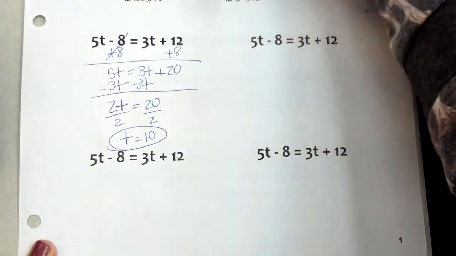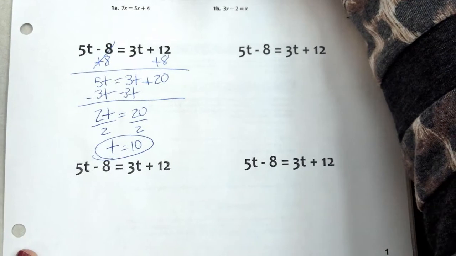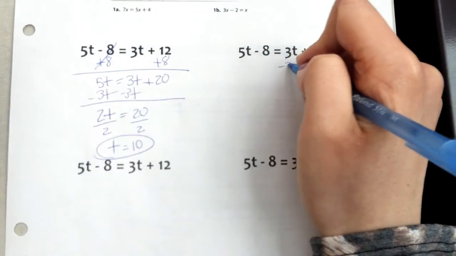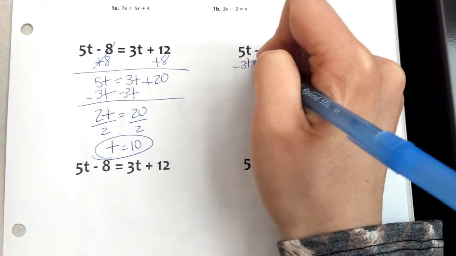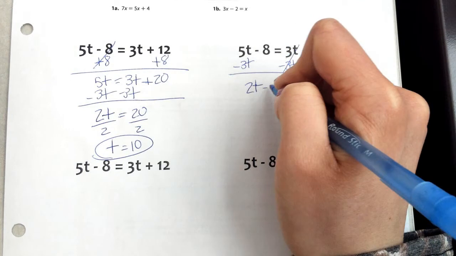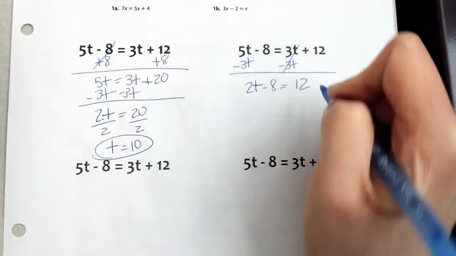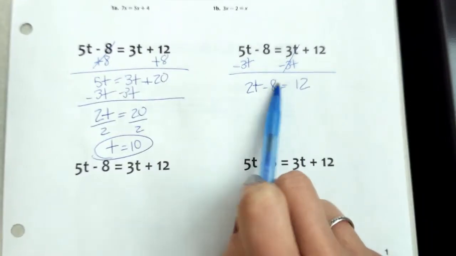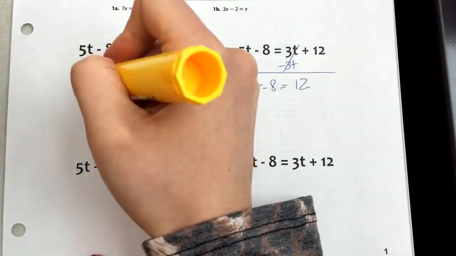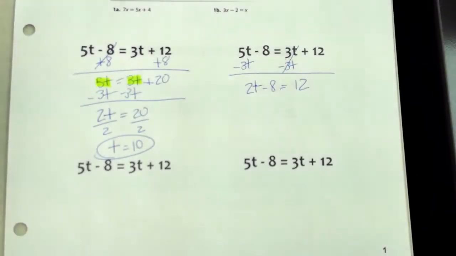Maybe instead, I want to start by getting rid of the 3t. So I'd subtract 3t, and so I'd have 2t minus 8 is equal to 12. Now I have two constants. Here my like terms were the variables with the t and the coefficients.